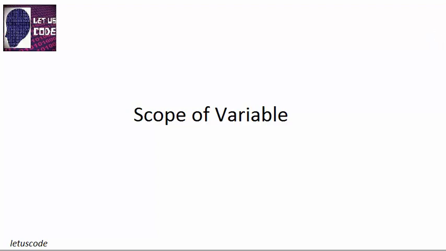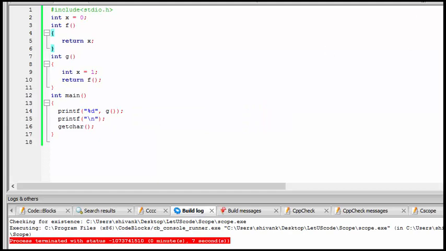So let us try to understand this by taking an example. Now let us look at this piece of code. We are printing the value returned by this function g. In g, a variable named x is defined and the value given to it is 1.